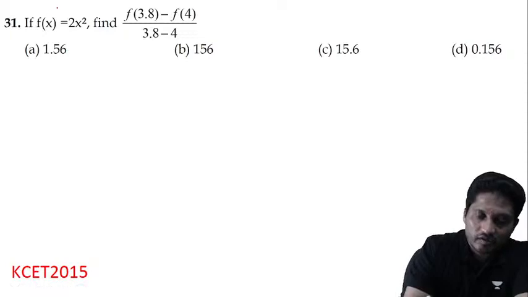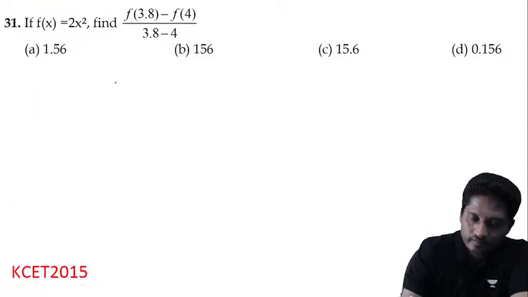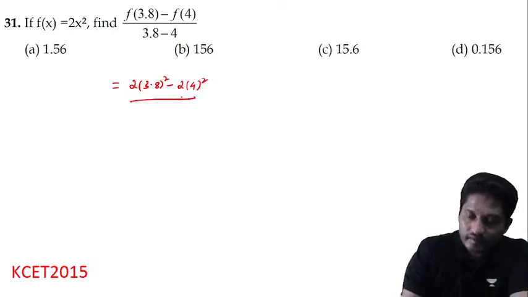F of x is equal to 2x square, right? Now if I substitute this, 2 into 3.8 the whole square minus 2 into 4 square, divided by 3.8 minus 4.